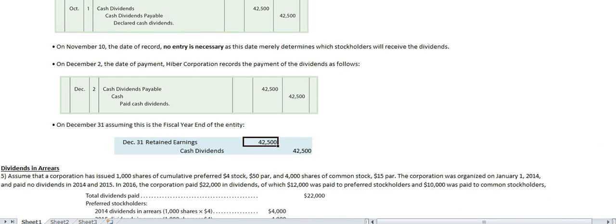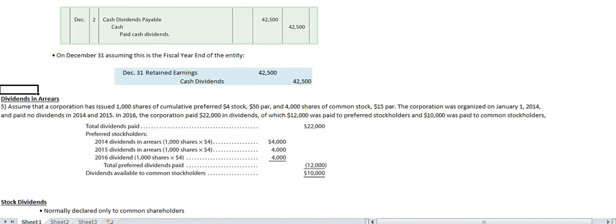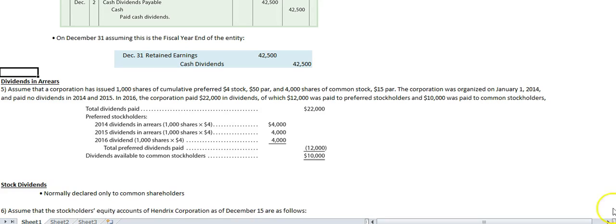Okay? So let's explain now the concept dividend in arrears. And I already gave you a bit of an overview of this when I spoke about preferred stocks. I told you that there existed two types of preferred stocks, one that was cumulative and one that was non-cumulative.